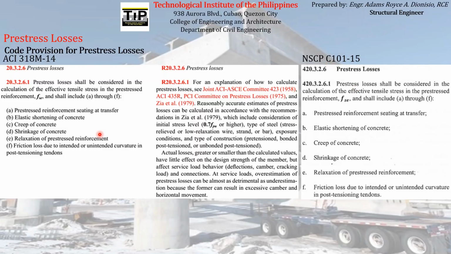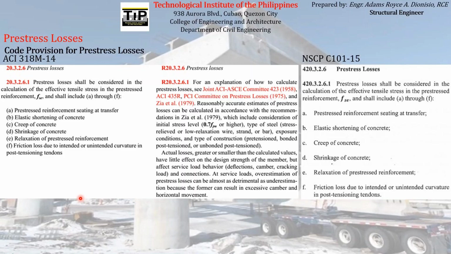Specifically, the code specifies that the pre-stress losses due to the causes mentioned in this code provision must be taken into consideration for the calculation of what we call the effective tensile stress in the pre-stress reinforcement, or simply the effective pre-stress, which is the pre-stress magnitude being experienced by the pre-stressing reinforcement after all the losses have occurred.